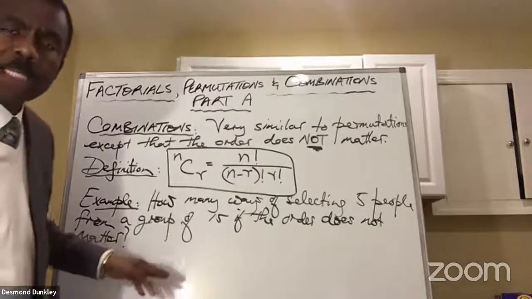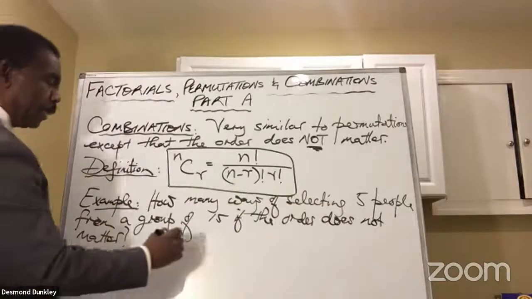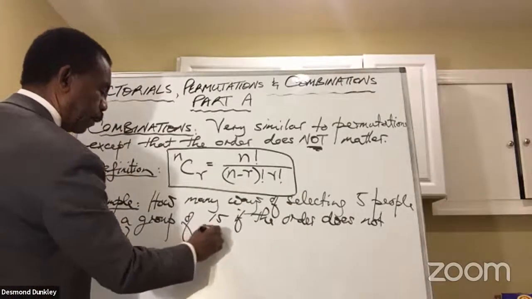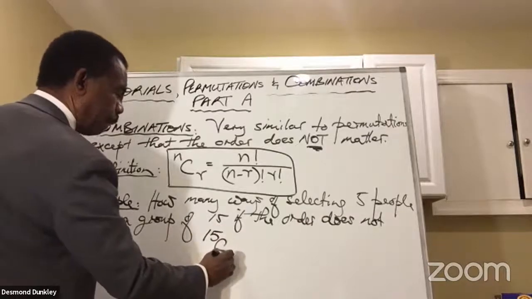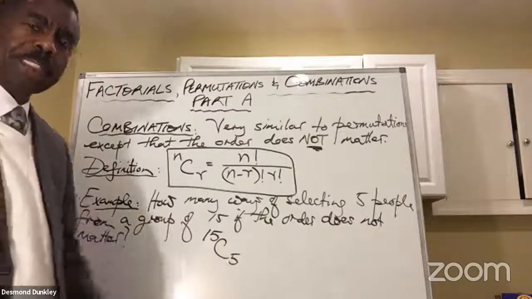So right away we know that it's combination. Once you see order does not matter, it's combination. So it's 15C5, 15 people taken 5 at a time.